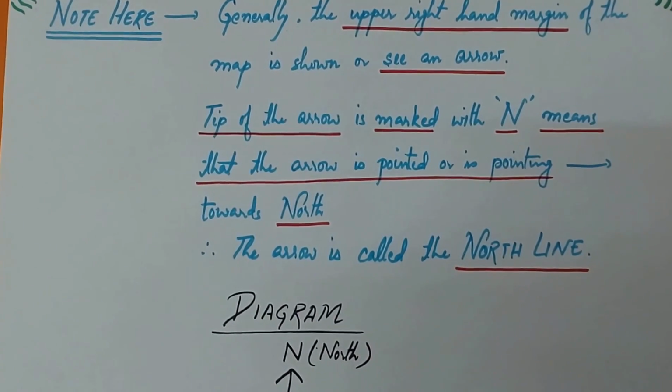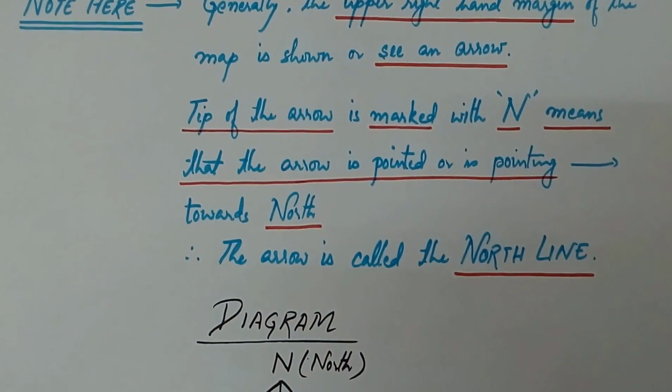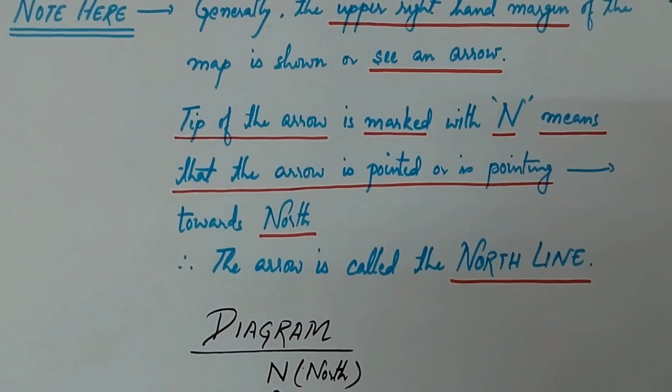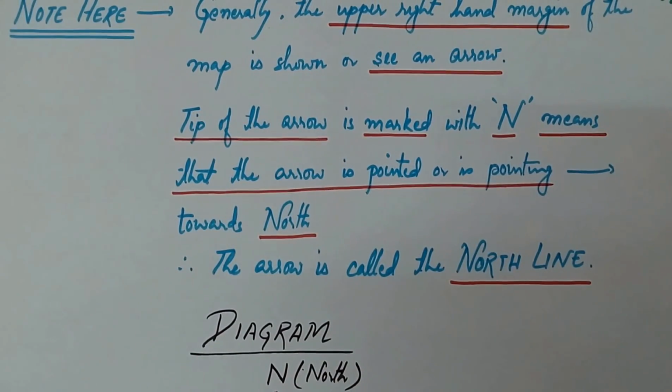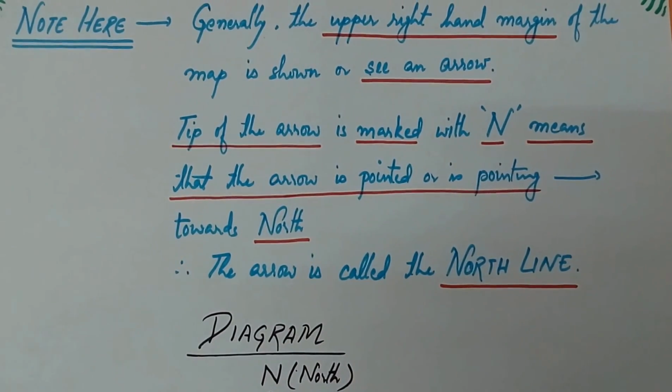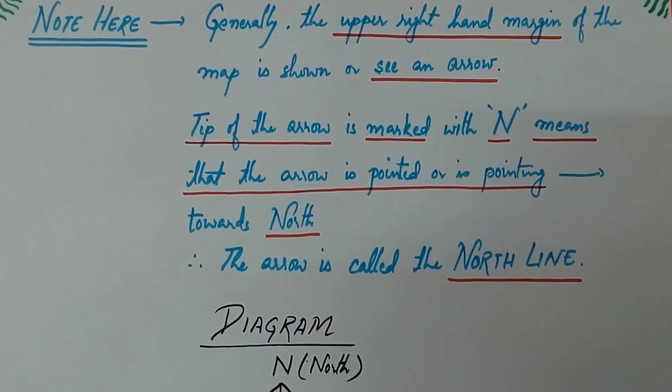The tip of the arrow is marked with the letter N, which means the arrow is pointing towards the north. The arrow is called the north line.